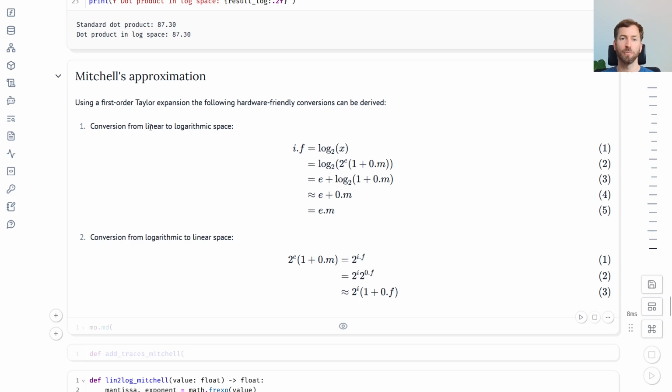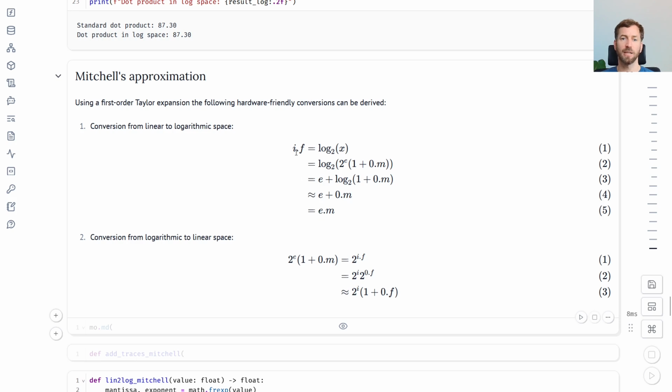So when going from linear to logarithmic domain, we have to compute the logarithm of x. And x is a floating point number. So this means we are ending up in this expression. Now we are using a first order Taylor expansion to end up in the expression at the very bottom.